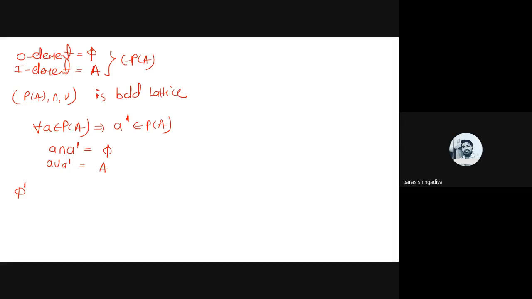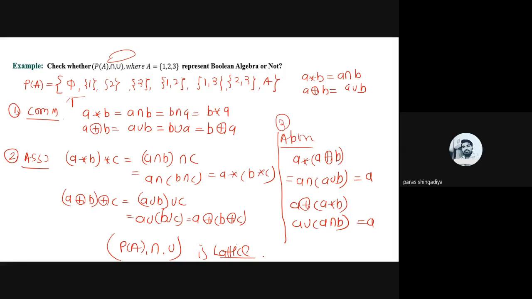So the first entry is phi dash. Which element will be the complement of phi? These are the choices we have: singletons 1, 2, 3, then {1,2}, {1,3}, {2,3} and A. Which element can you use whose intersection with phi is phi and whose union with phi is capital A?